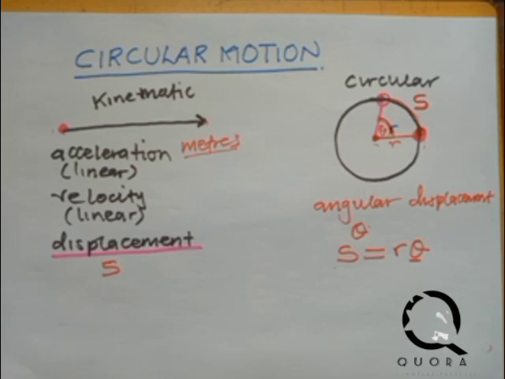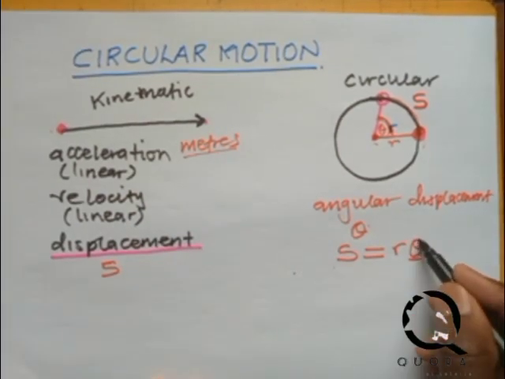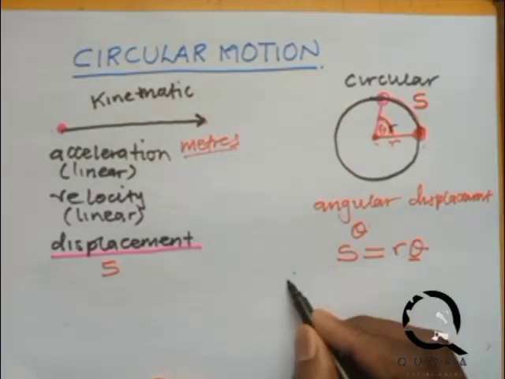Someone can even ask a question: what are the SI units that we are supposed to be using whenever you want to describe what we call angular displacement? We have three types of units that we are going to be using to describe the angular displacement.